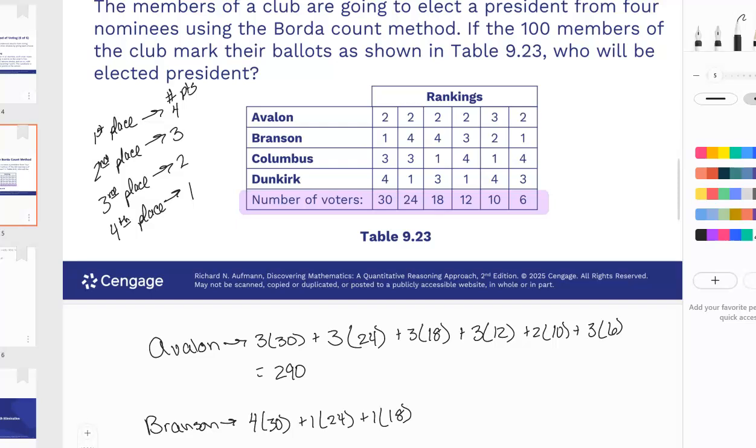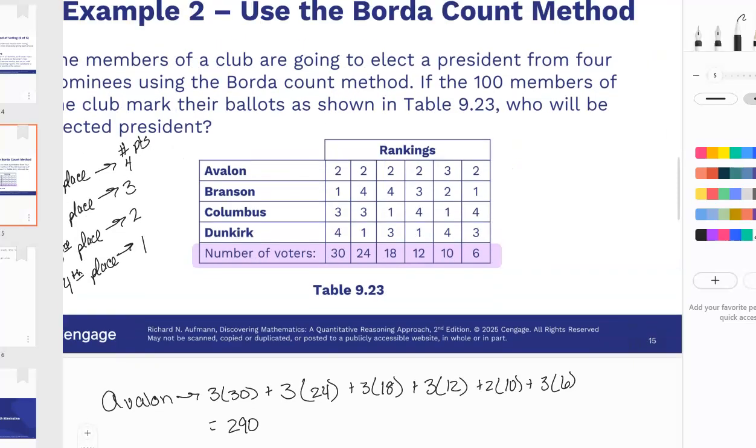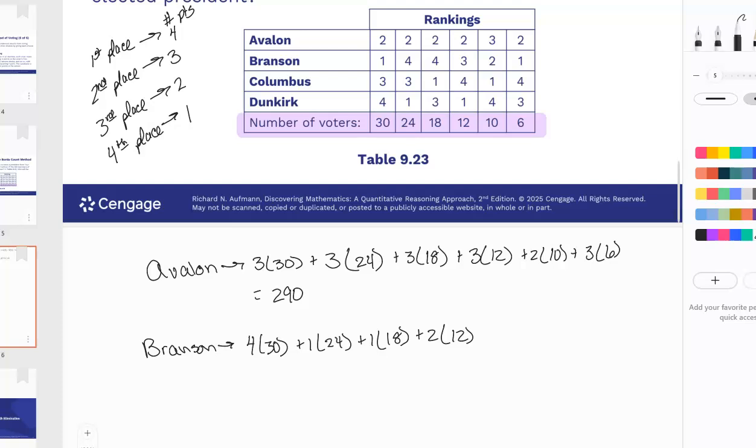Third place gets 2 points, and that was 12 people. Second place gets 3 points, and that's 10 people. And then more first place winners here, 4 points and 6. So that's a total of 240.